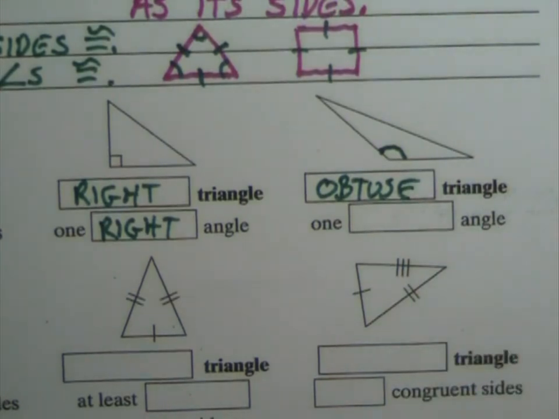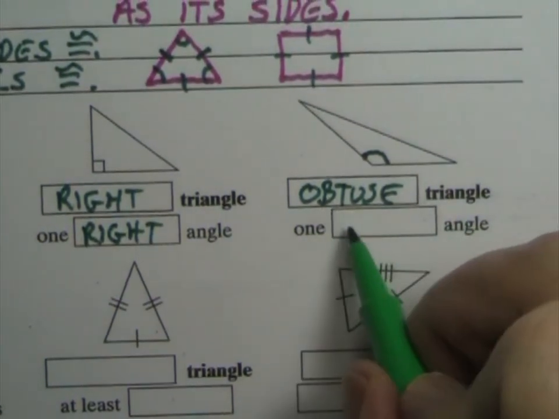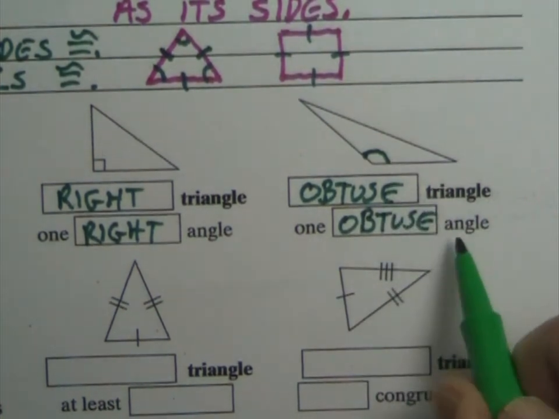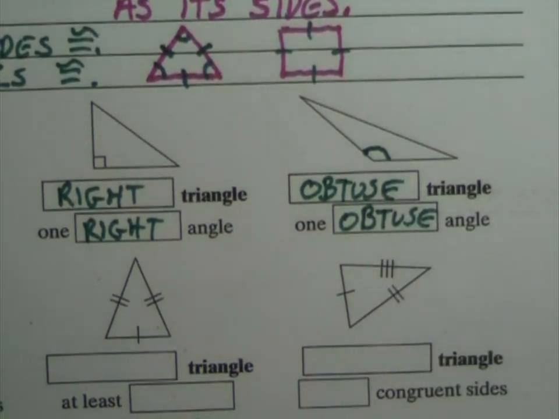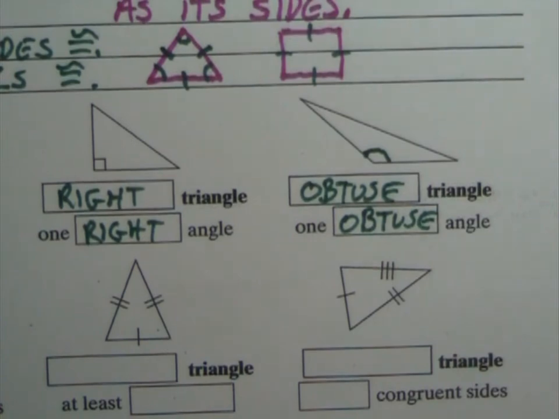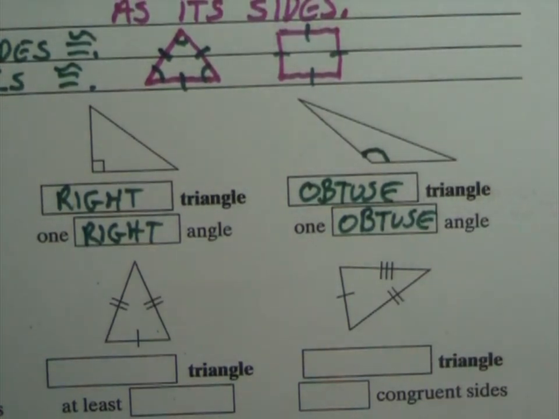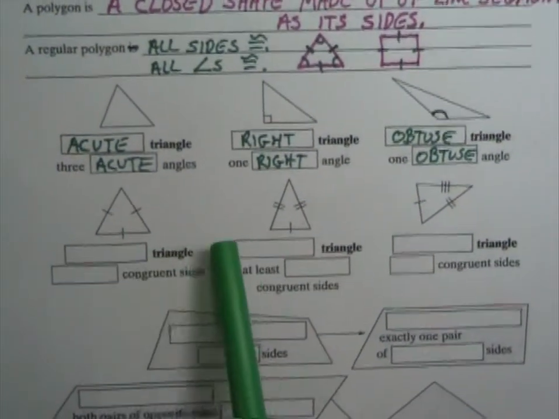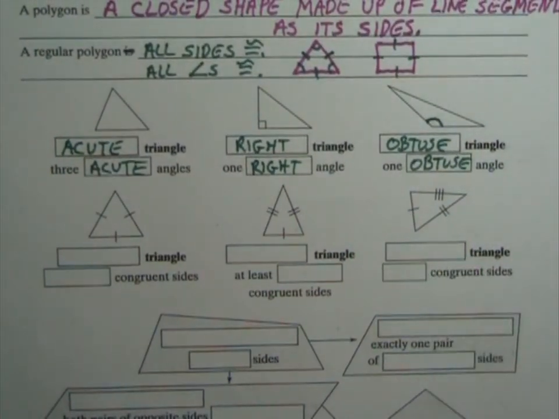Therefore, it's an obtuse triangle, and that's because it has one obtuse angle. Okay, so these 3 were by the angles. Now let's look at the sides of the next 3 triangles.